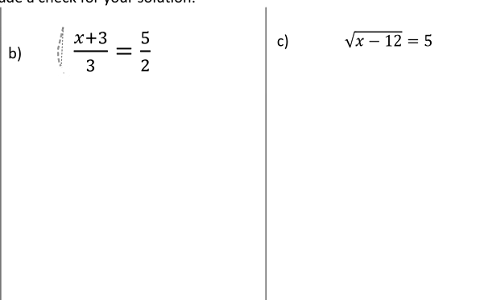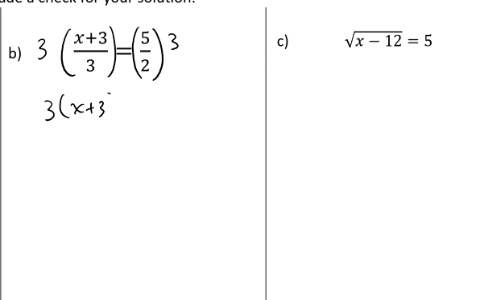Well, our big tool that we've been using is fraction busters, and I can do this in 2 steps to make it easier to look at. I can multiply both sides of this equation by 3 first. If I do that, I get 3, and then in my numerator I add an x plus 3, and then over 3. Now, on the other side, I've got 3 times 5 is 15 over 2.